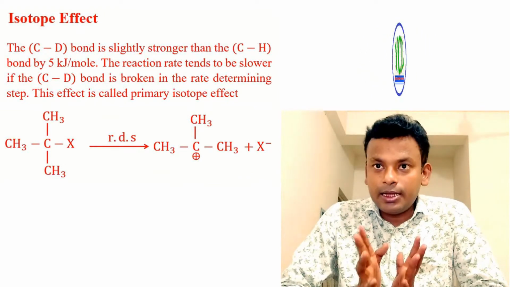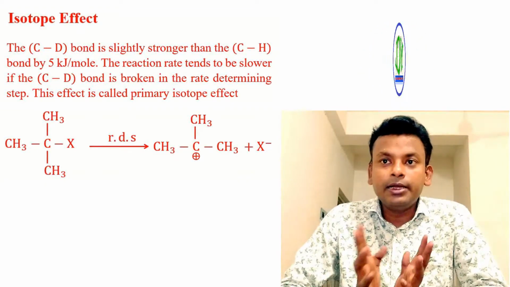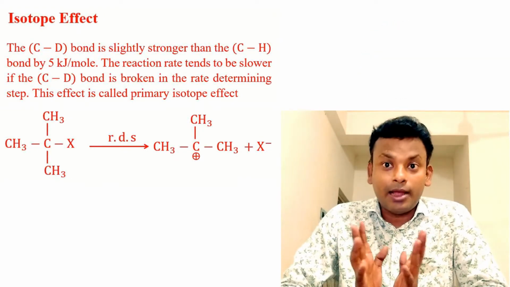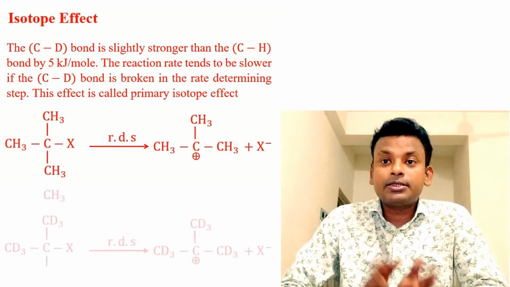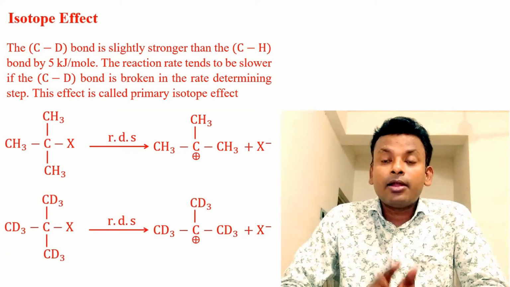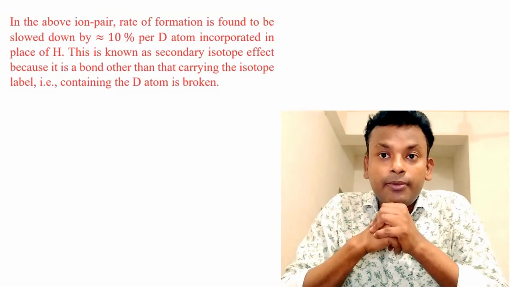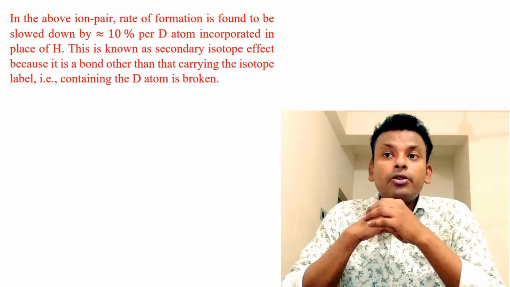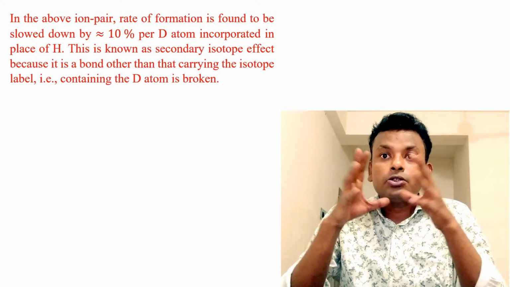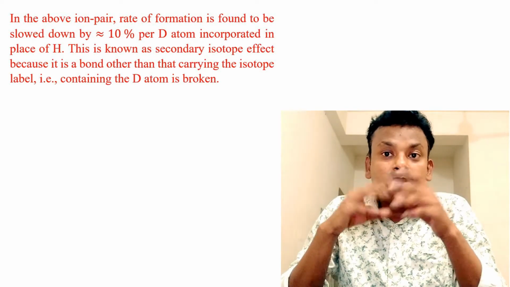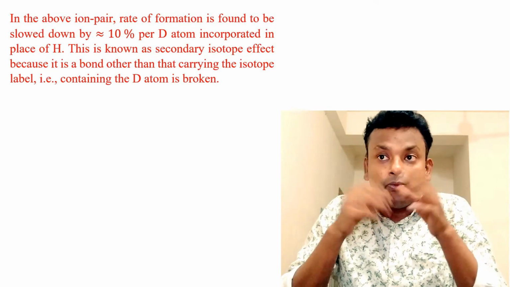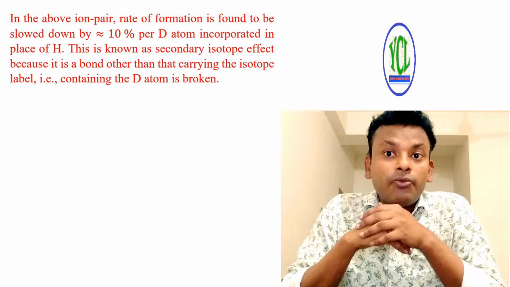First, a 3 degree alkyl halide where all are hydrogen, and next a 3 degree one where all hydrogen are deuterium. In the above ion pair, the rate of formation is found to be slowed down by 10% per D atom incorporated in place of hydrogen.